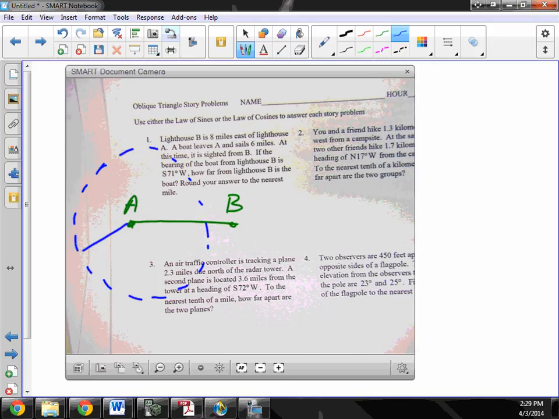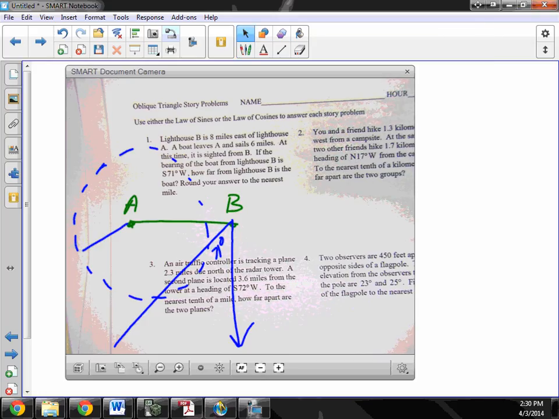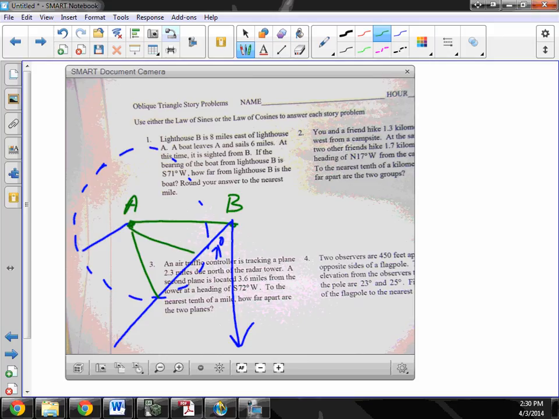Okay. If the bearing of the boat from lighthouse B is south 71 degrees west, how far from lighthouse B is the boat? So from the B, if I look straight south and then I turn 71 degrees, then there's going to be a triangle that connects, well, in this case, it looks like 2, but it depends on the problem.